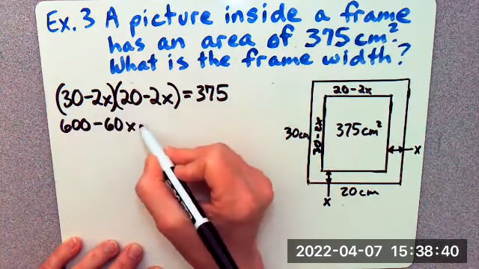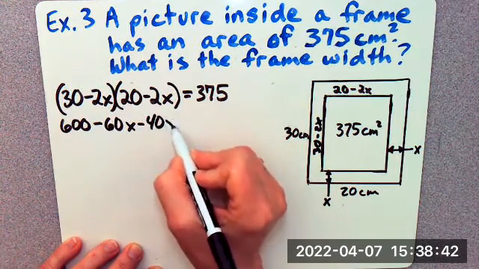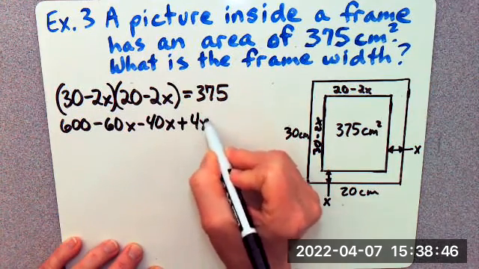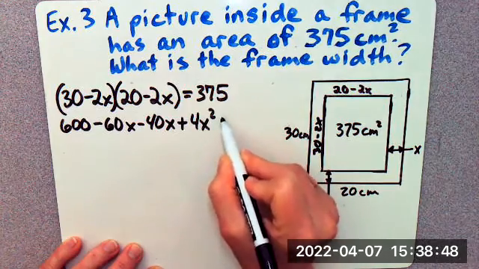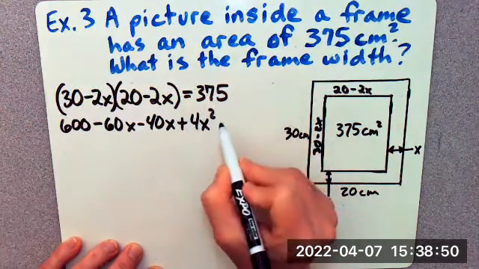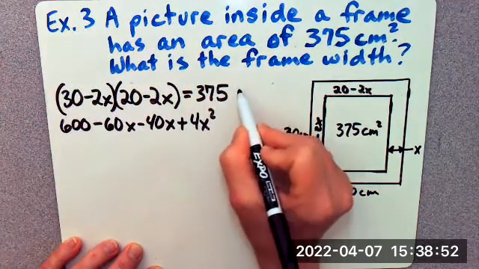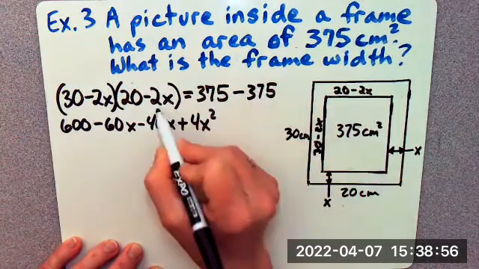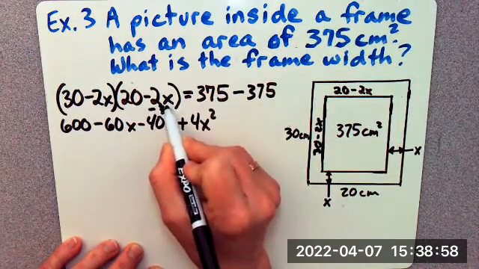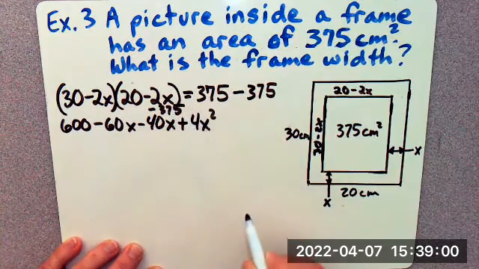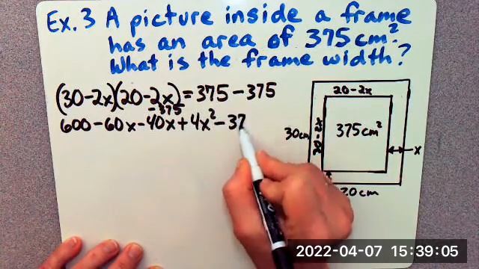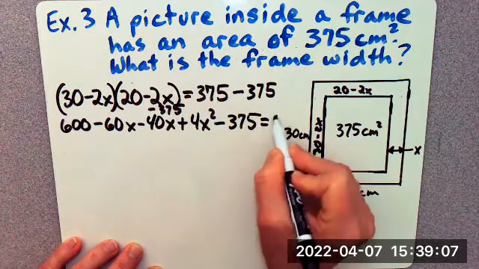Negative 2X times 20 is negative 40X. And negative 2X times negative 2X is 4X squared. And we are going to subtract the 375. Let's do that from both sides at once so we can save some time. So we'll subtract 375, and then that equals 0.